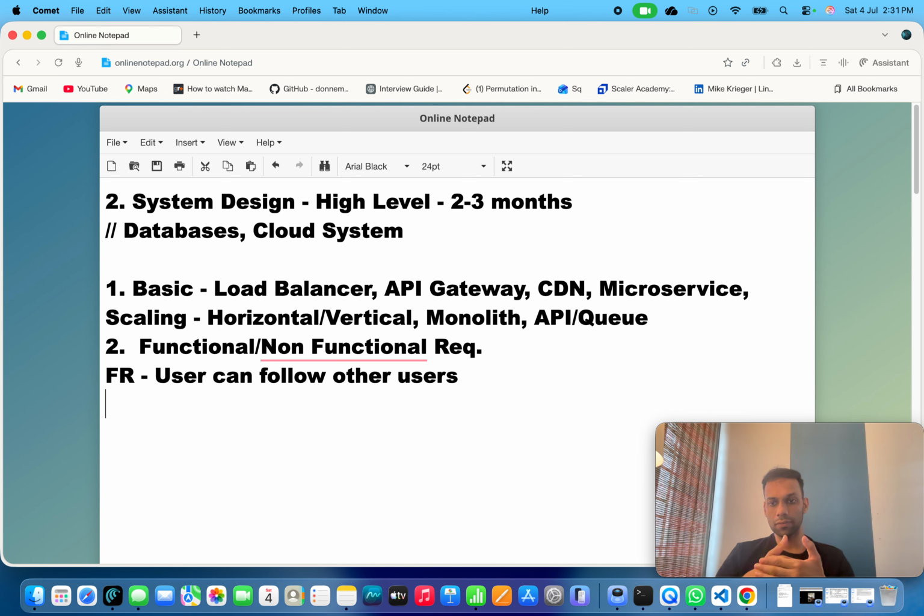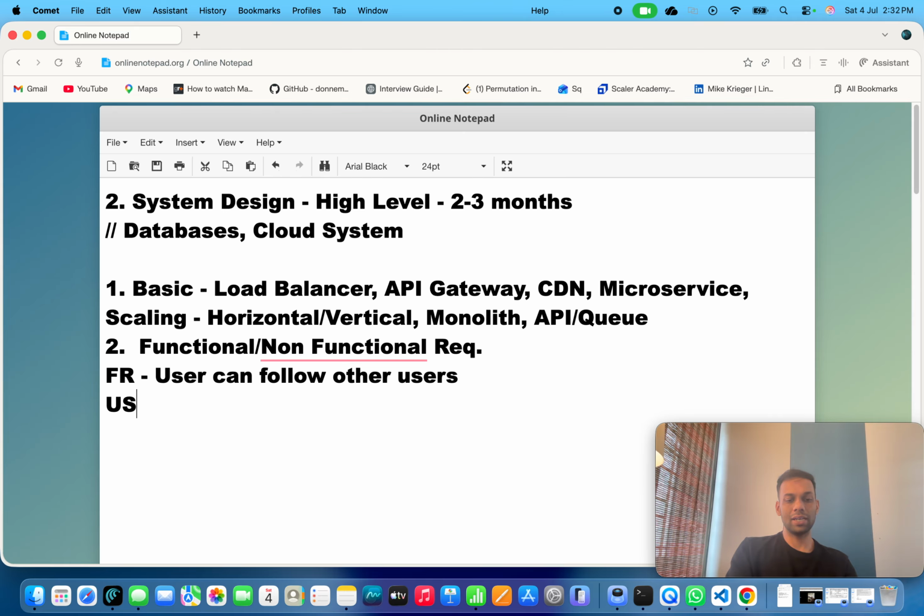This is one of the functionalities that you need to cover in your design. So this is a functional requirement. At the start of the interview, in the first 5 to 6 minutes, you should ask your interviewer: what are the functional requirements? Maybe they're already given to you, but if not, you should ask.